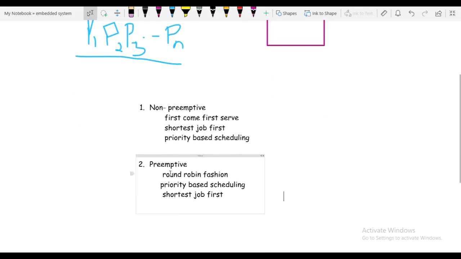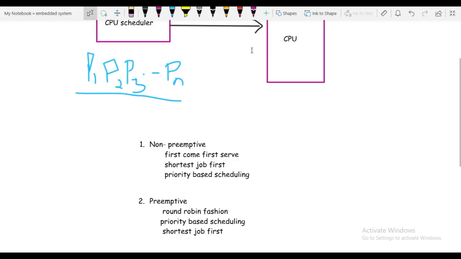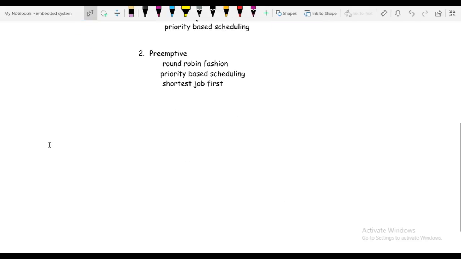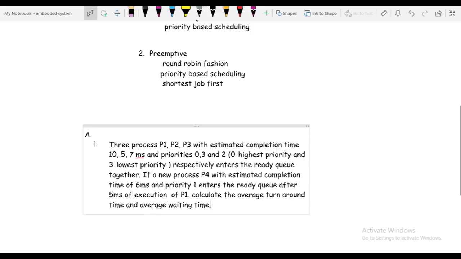But in the preemptive version, this is not the case. In the preemptive version, once the process is allotted to the CPU, the process might switch its state. That is, it might go from running to ready or from waiting to ready state. Let's understand this by an example. It will be clear to you.